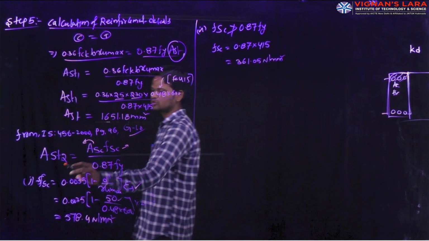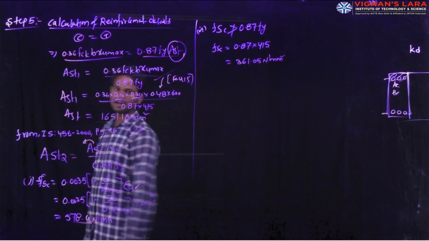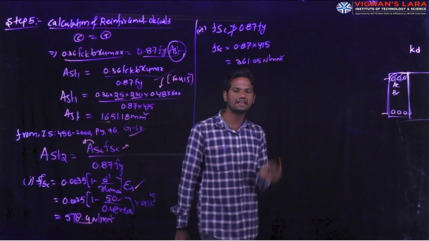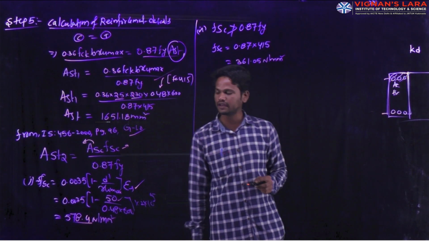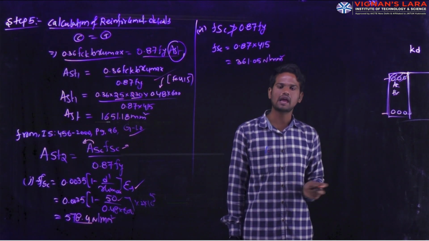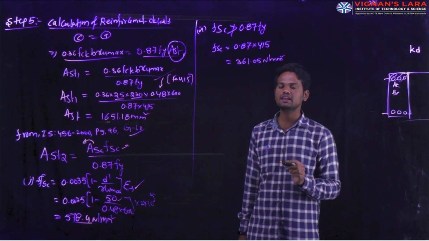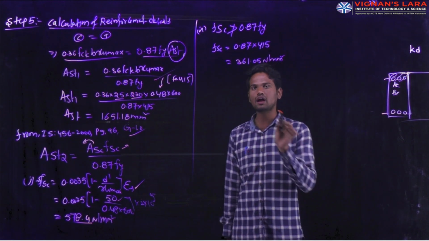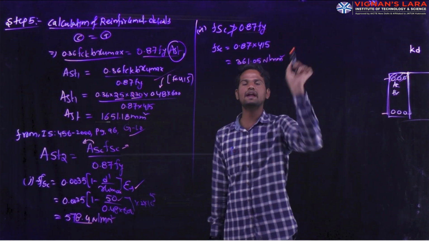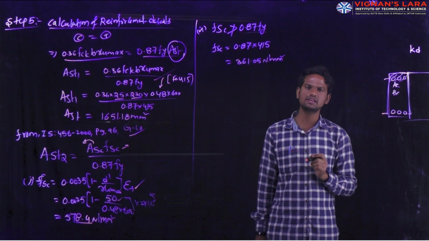If you substitute all these parameters, I am getting the stress in steel as 578.4 Newton per mm square. Again, there is one more condition. The FSC should not be greater than 0.87 times the yield strength of the steel.